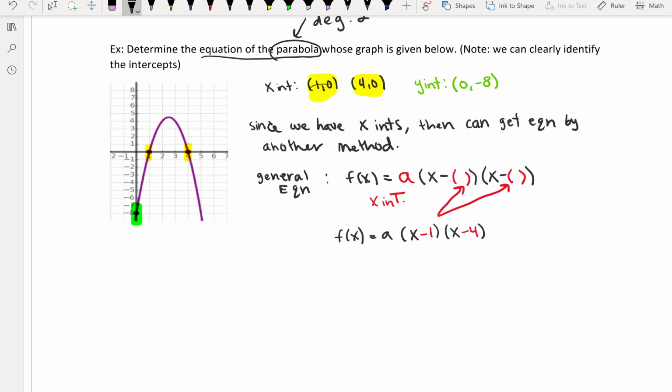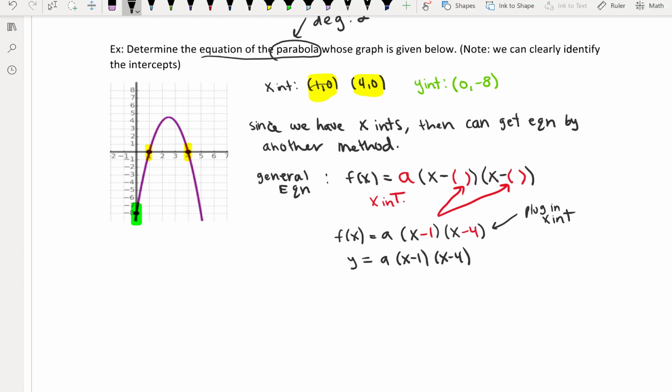I plugged in the x-intercepts. Now remember, f of x is just y. So now I have y is equal to a(x minus 1)(x minus 4).